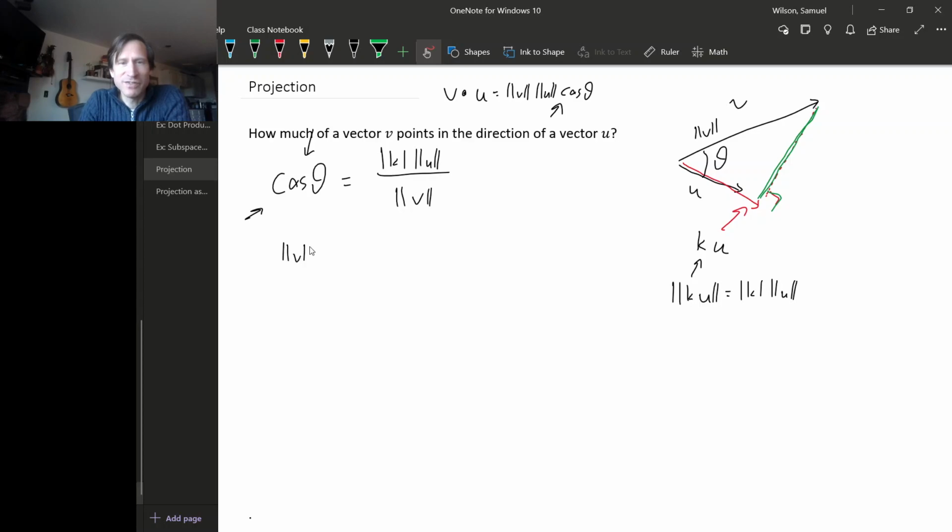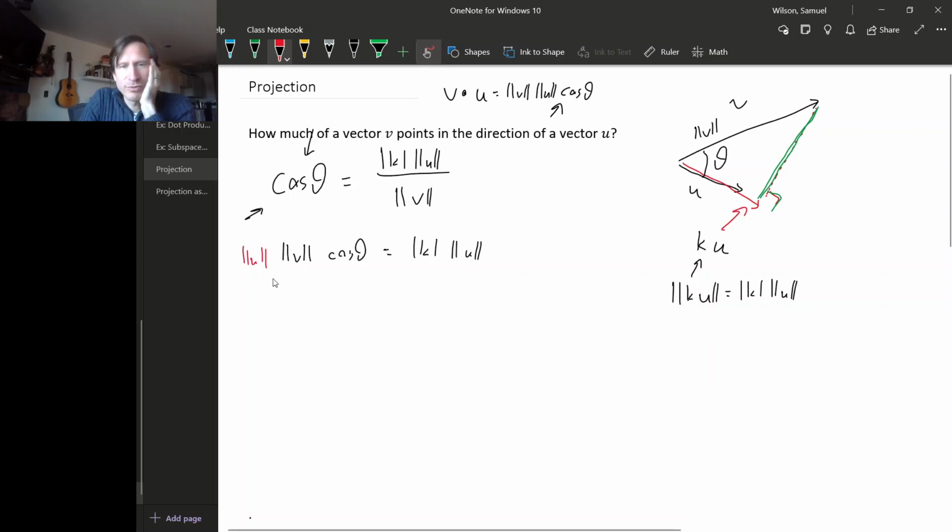So magnitude of v cosine theta equals absolute value of k, magnitude of u. So if we multiply both sides by magnitude of u, then on the left-hand side we'll have a magnitude of u here, and on the right-hand side, this magnitude of u is squared, and this makes the dot product show up.